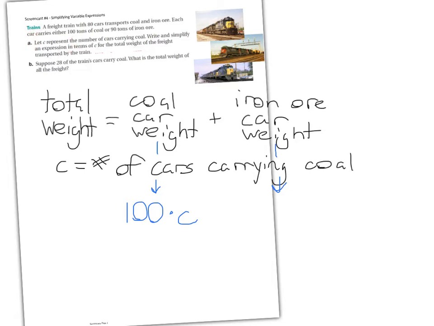We don't know that specific number, we just know the variable C represents that unknown number. Which means we take the total number of cars, which is 80, and subtract from that, as we just did, the number of cars carrying coal, in this case C, and that represents the number of iron ore cars.